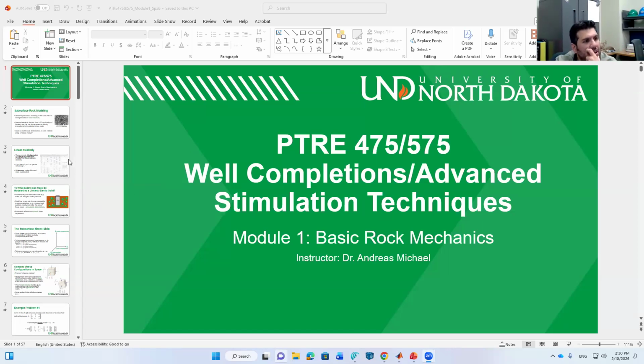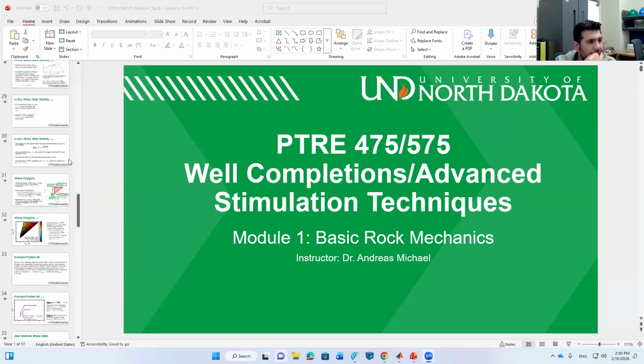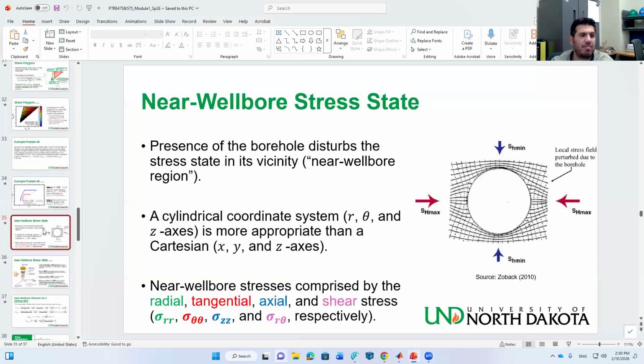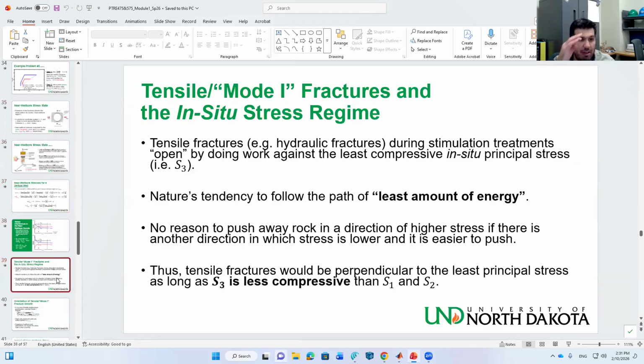So last time we finished seeing the polygons, then we started looking at the near wellbore stresses. We went a little bit deeper on that, which was from 2 lectures ago. Then we talked about how fractures open, and we said that it's the most important concept of this class. A fracture is like a page.